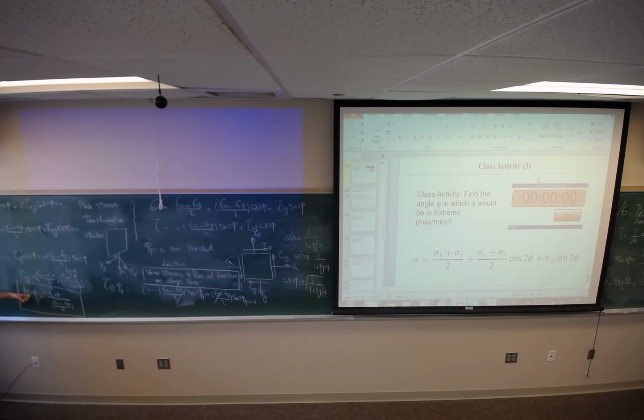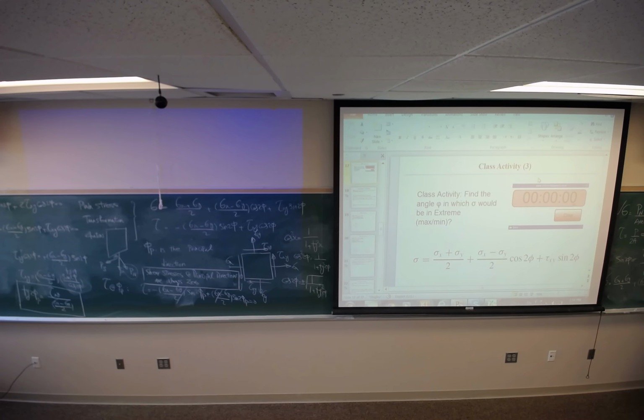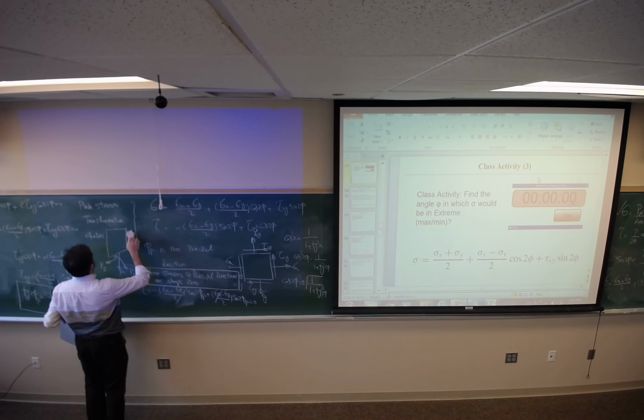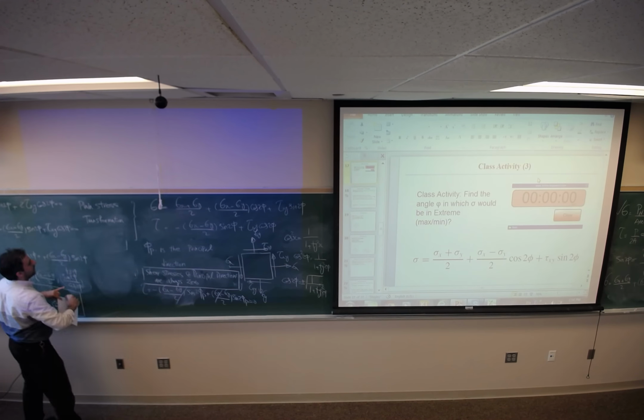What would be the tangent of 2 phi? We know the value of that. Just plug in here and replace cosine of 2 phi with that new expression. What we will get at the end, it's going to be this.